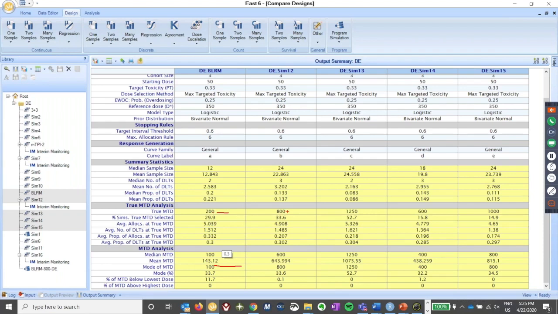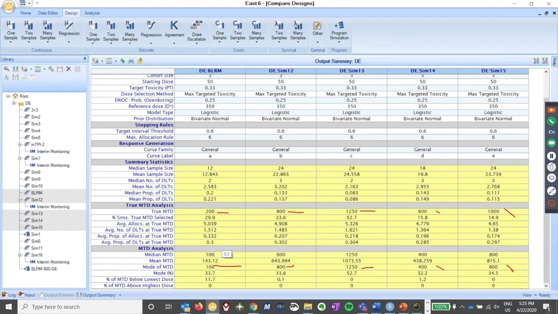When the reality was a dose level of 800, the true MTD was 800, it actually picked that correctly. It did the same thing when the true MTD was 1250. It picked the correct MTD. In the other two cases, when the MTD was 600, it underestimated it by selecting 400. When the MTD was 1,000, it underestimated that by picking 800.